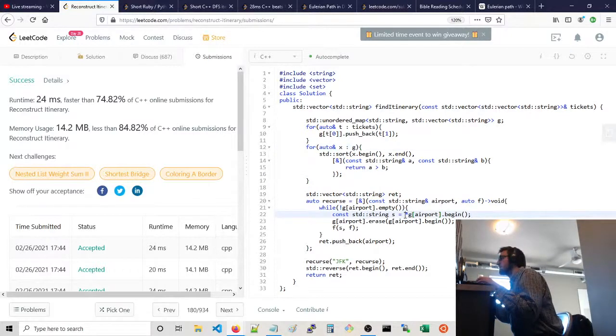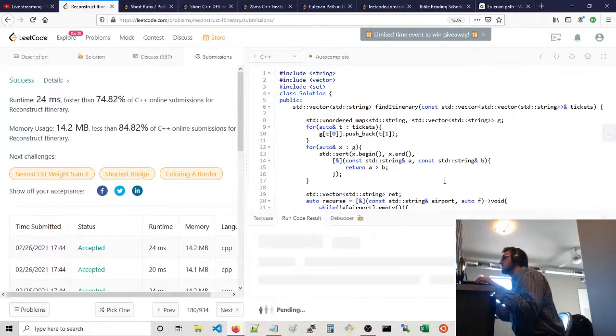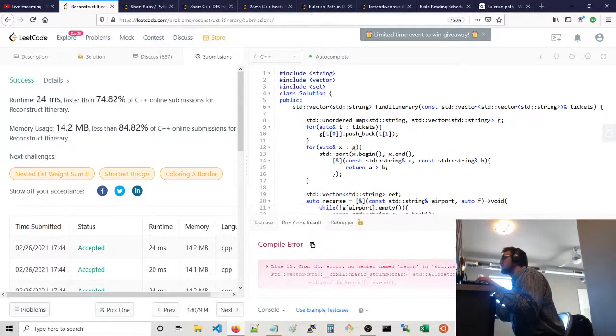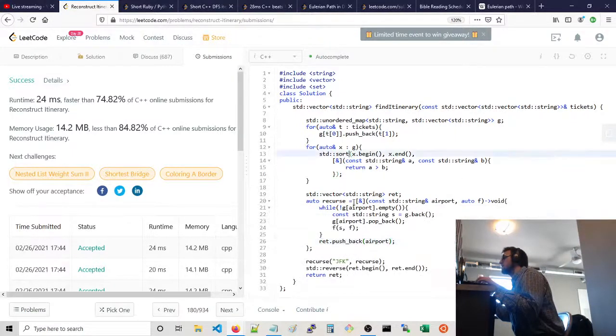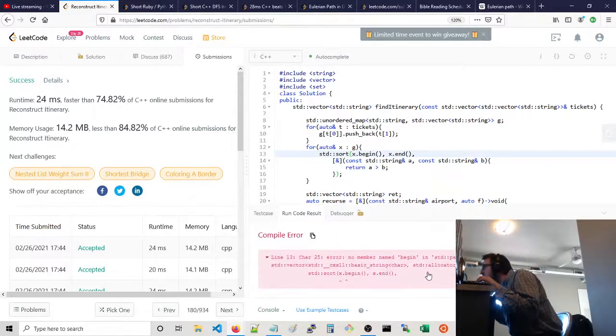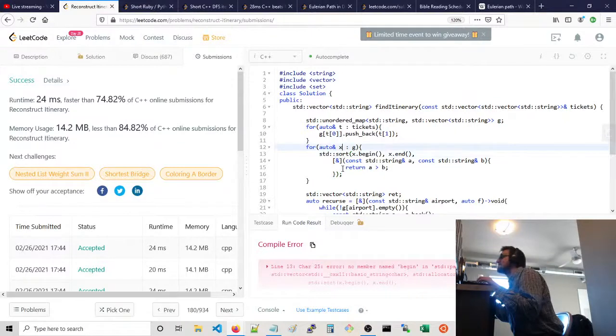And then now we can say at the end, really, g dot back, and then pop back. Right, something like this. Does that work? Begin, end. Why? Wait, what? In a pair? Really? Oh, okay.